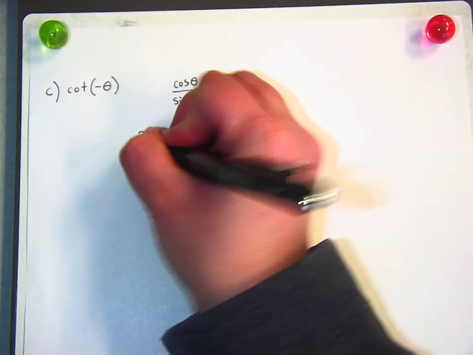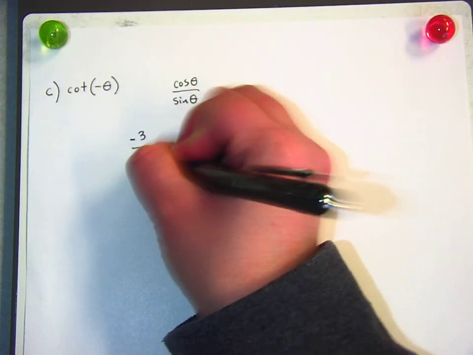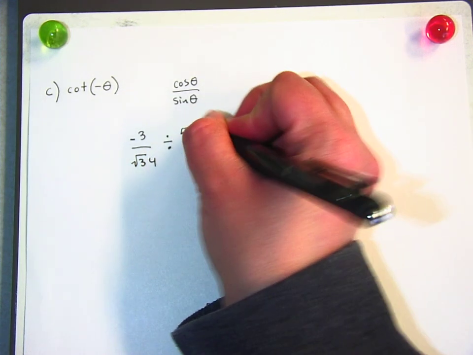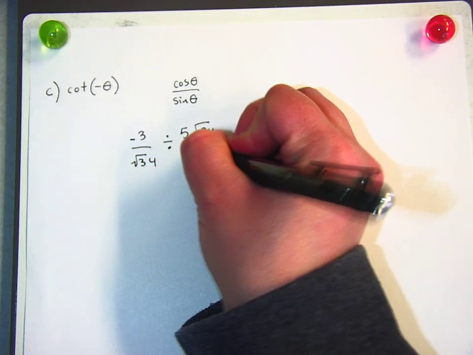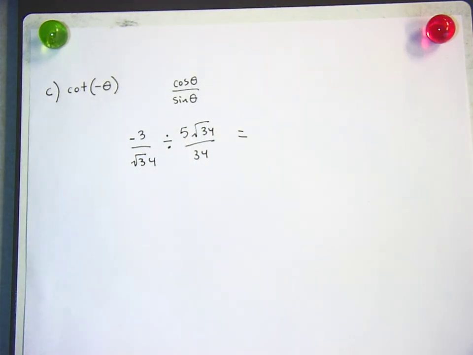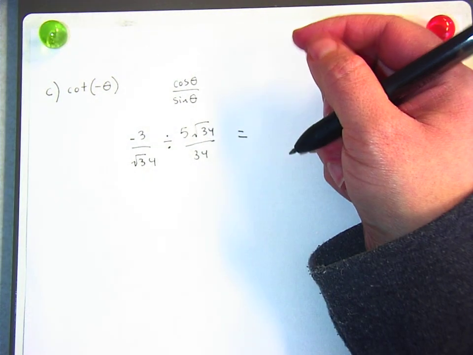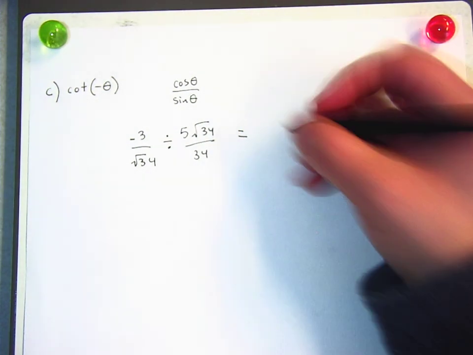Negative 3 over the square root of 34 divided by 5 times the square root of 34 over 34 equals. All right. So if I am dividing fractions, what can I change that into?